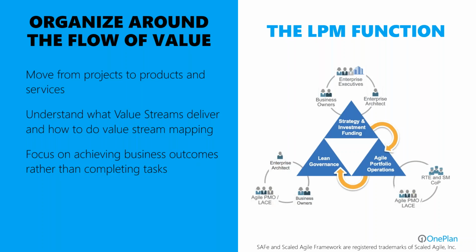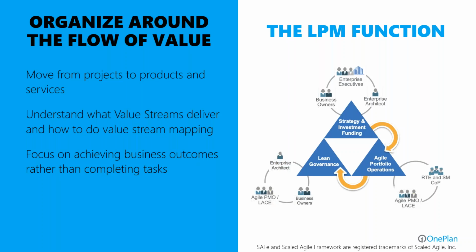But I want to touch on some of the things that really make a difference when you're driving to deliver better business performance through agility. One shift from traditional ways of managing is moving from projects to products and services, as I said before. Part of that shift is this idea of value streams, and we are focused on business outcomes rather than tasks.